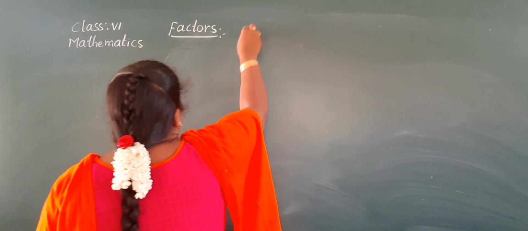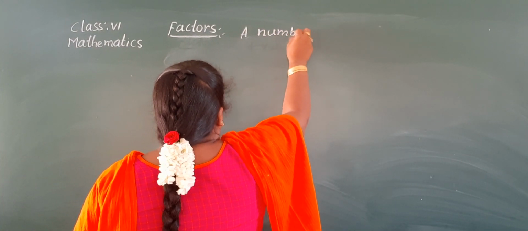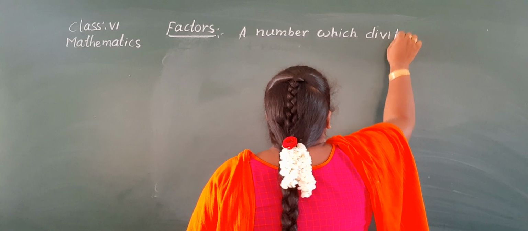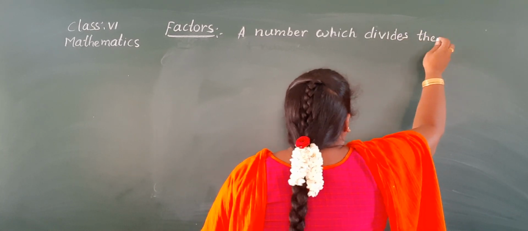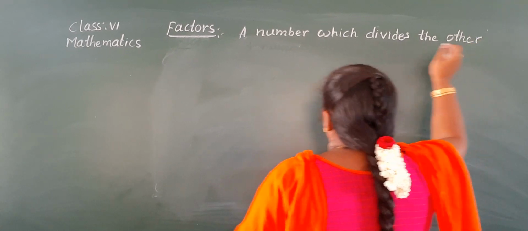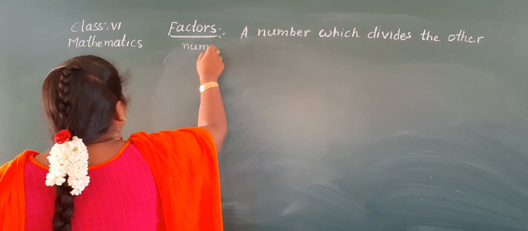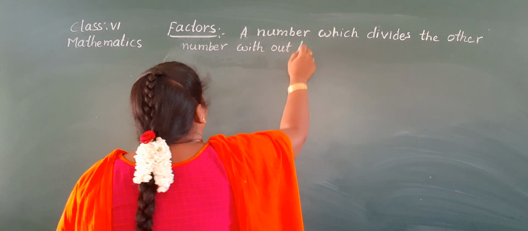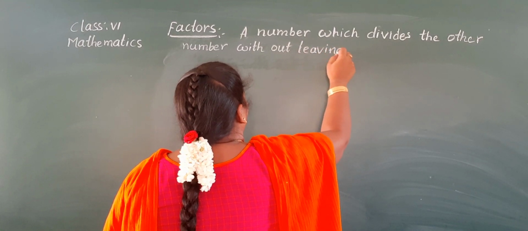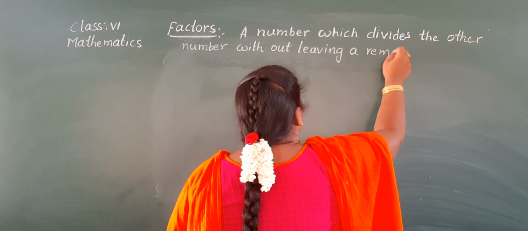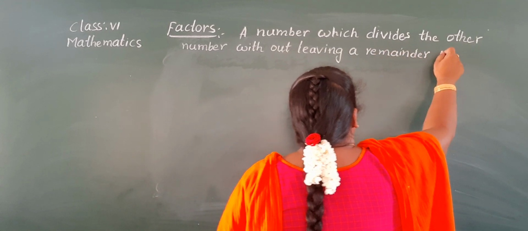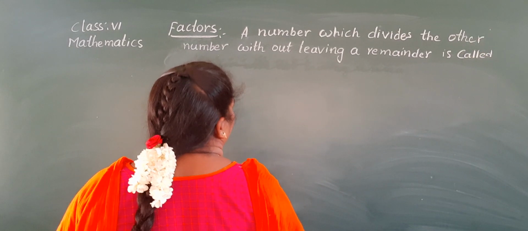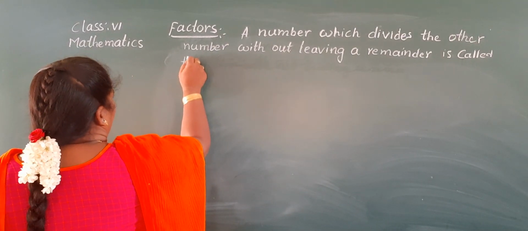A number which divides the other number without leaving a remainder is called the factor of the given number.